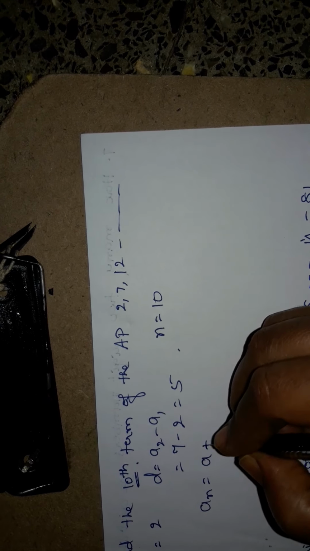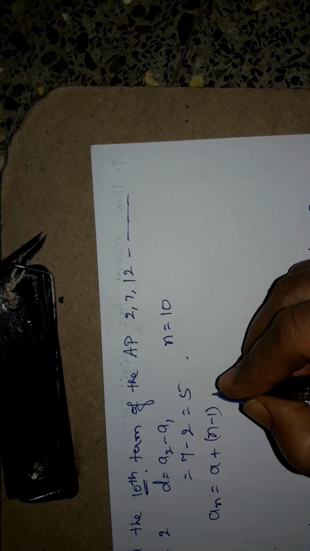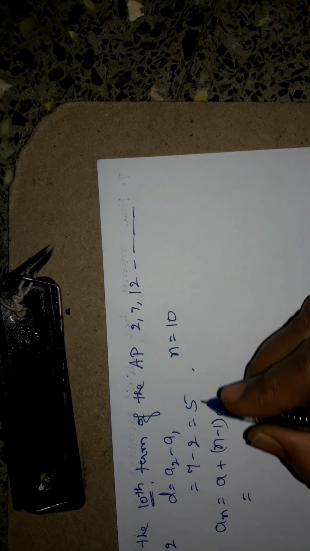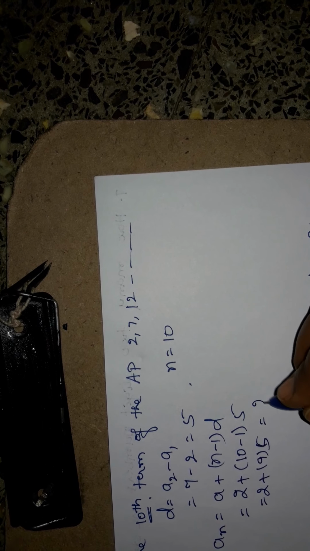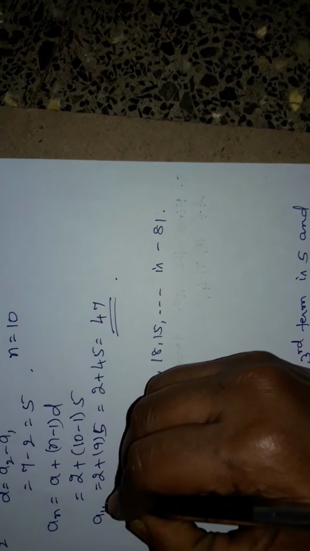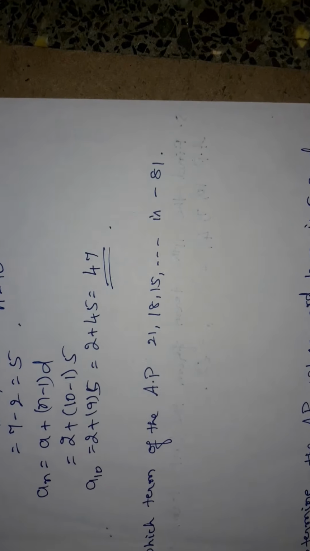An equals A plus n minus 1 into D. A is what here? 2. Plus n is what? 10. 10 minus 1 into 5. So 2 plus 10 minus 1, 9 into 5. 2 plus 9 fives are 45. That is 47. That's all. A10 equals 47. See, so easy sum.